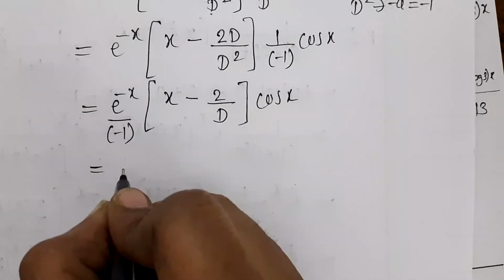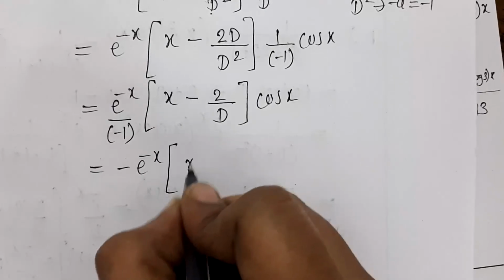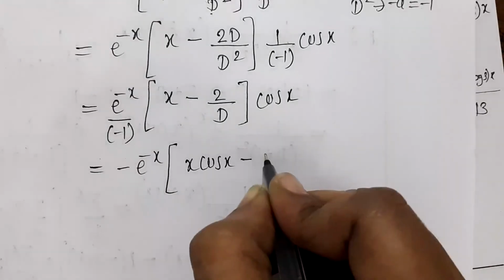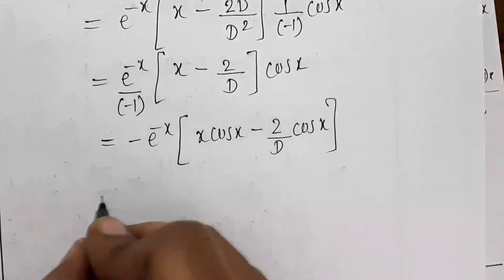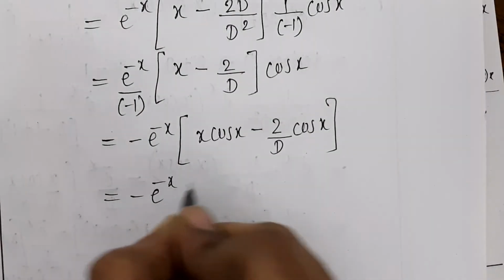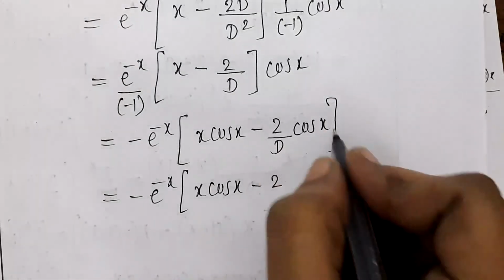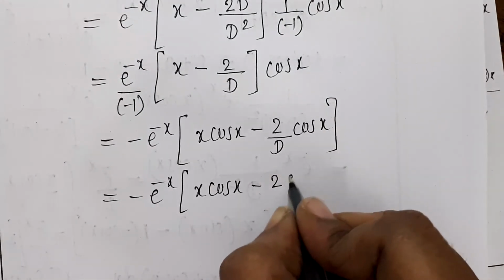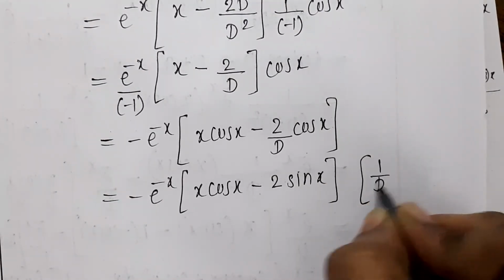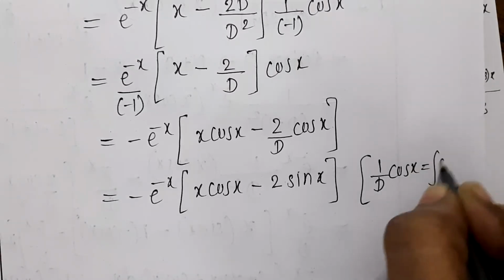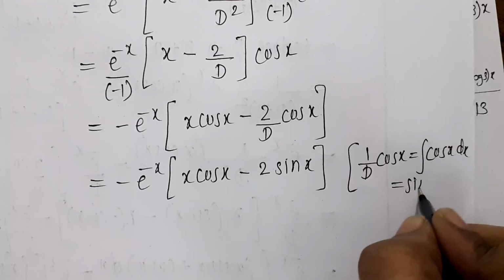So this is equal to minus of e to the power minus x in bracket, x into cos x minus 2 by d times cos of x, which is minus of e to the power minus x into cos x minus 2 by, again 1 by d of cos x. 1 by d of cos x is sin x. 1 by d of cos x means integration of cos x dx, which is equal to sin x.